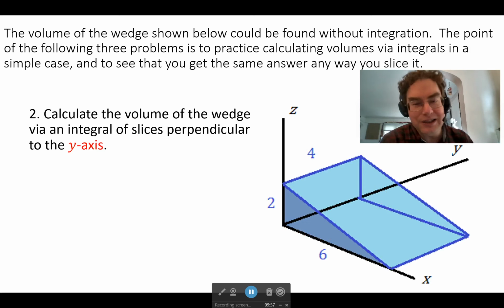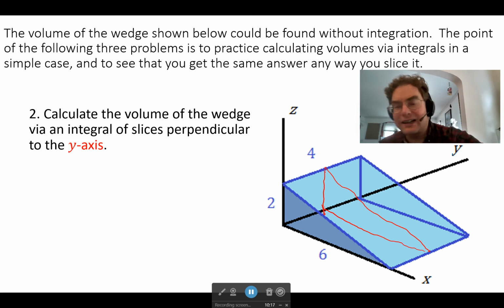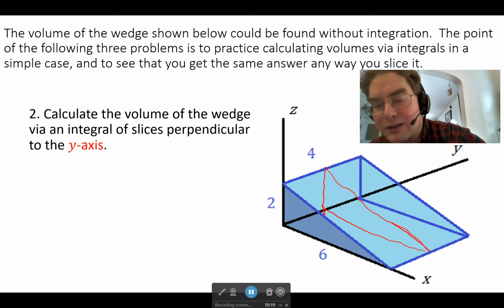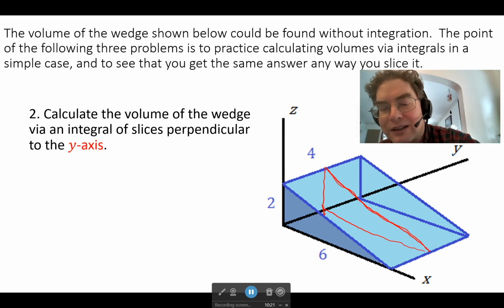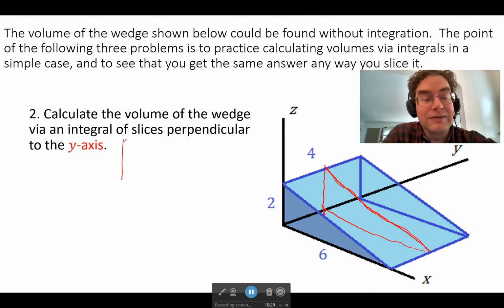There it is. Okay, perpendicular to the y-axis now. What type of shape are we going to get for our slices? This time they are going to be triangles. So at this particular y value, we get a triangle that looks like that. Let's draw one of those triangles over here.